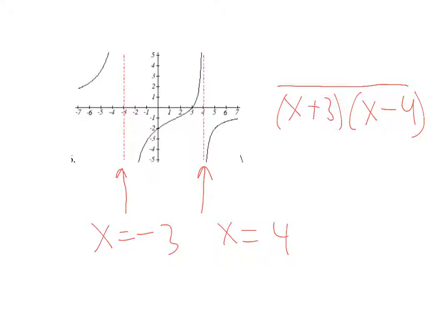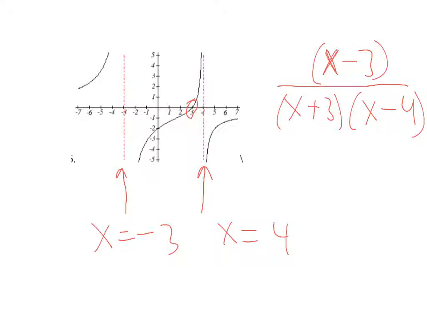Then I'm noticing this graph crosses the x-axis at x equals 3, and that's the only 0. So when x equals 3, the numerator is equal to 0, so I know that goes on top of the rational function in the numerator.